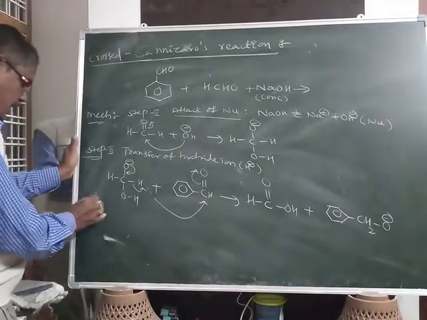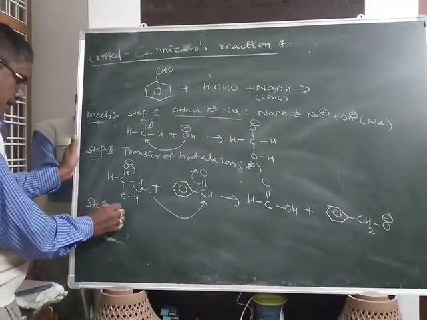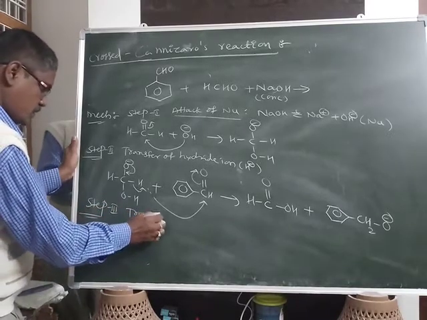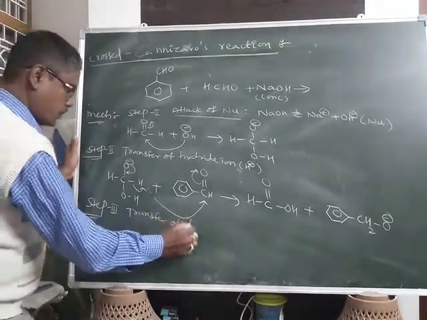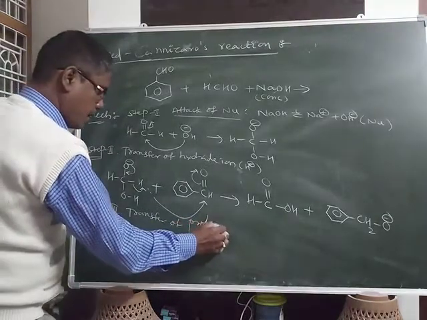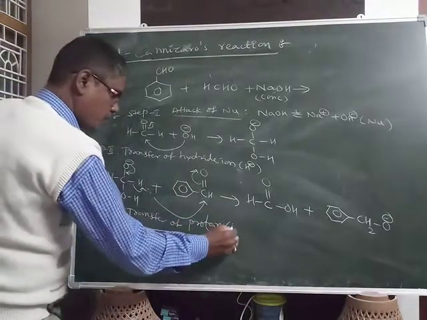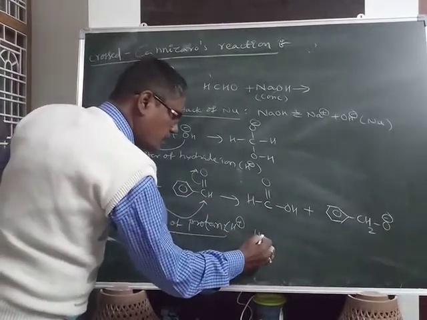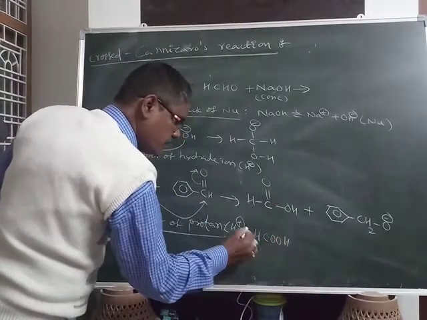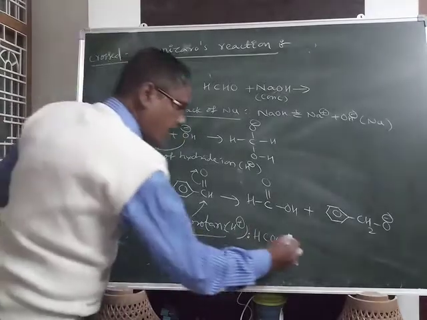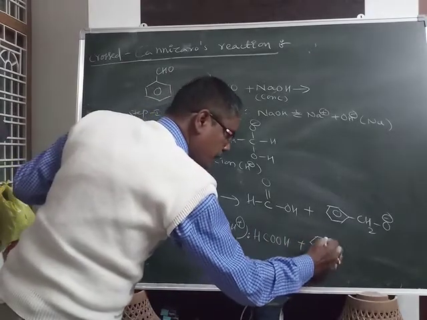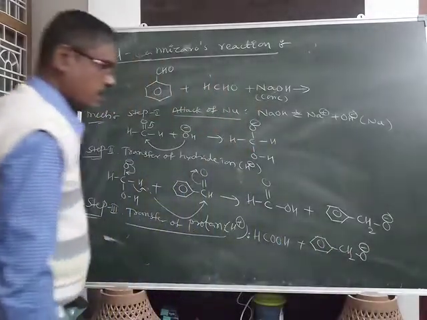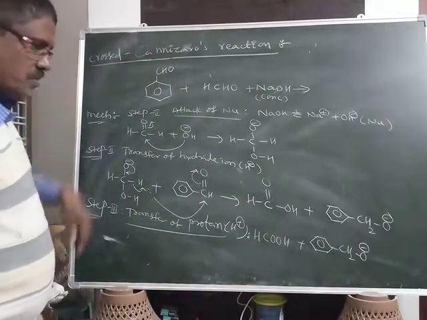Now step 3 is transfer of proton. Proton means H plus ion. Here HCOOH is the acid and this one is the base. Already I gave the explanation in the Cannizzaro reaction.